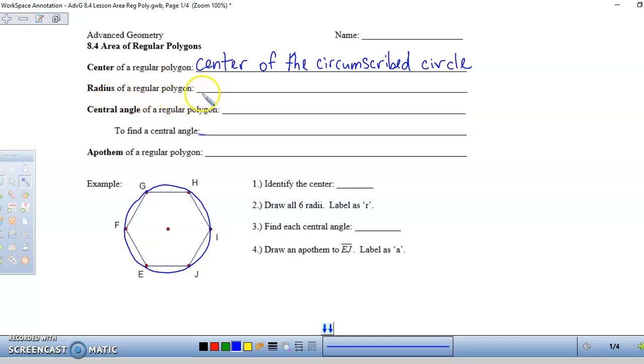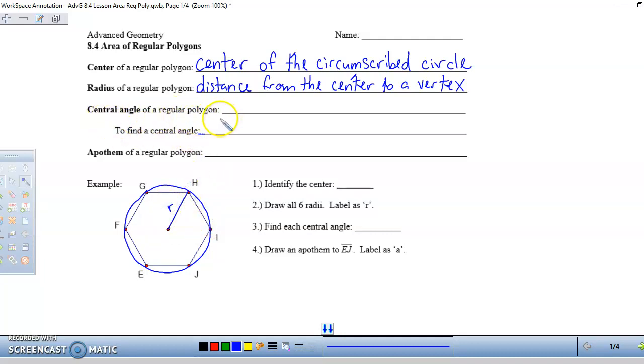The radius of a regular polygon is the distance from the center to a vertex. So from the center of the polygon to a vertex, vertex meaning the corner. Okay, so we could just draw one of those in there. That is a radius. So I'll put an R on it.